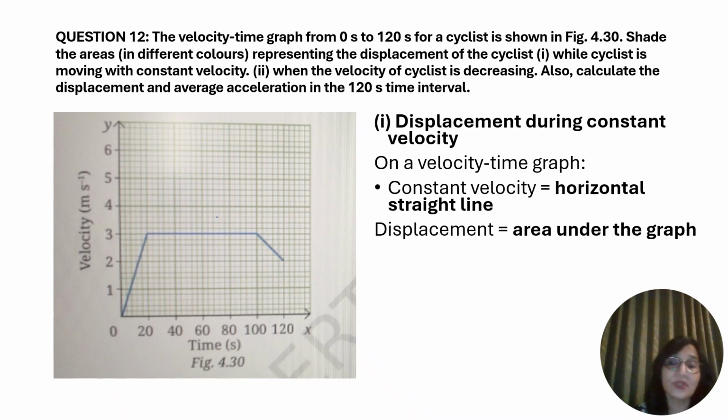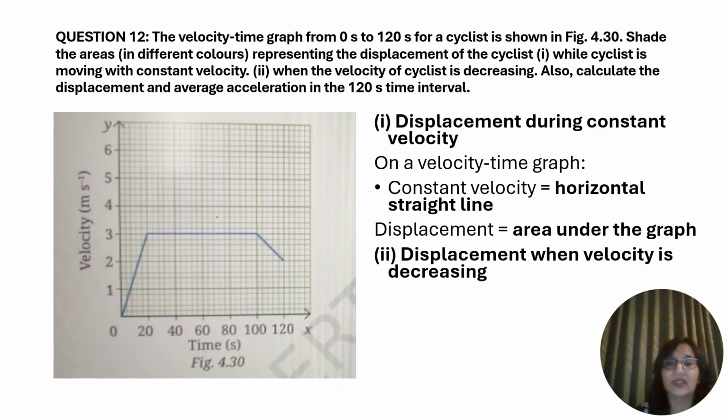Now, how to calculate the displacement? If you have done the previous questions, you will have come across that displacement is basically the area under the graph. So whenever you have to calculate the distance related to a velocity time graph, please students remember, we always calculate the area. We have to find out the area under the graph.